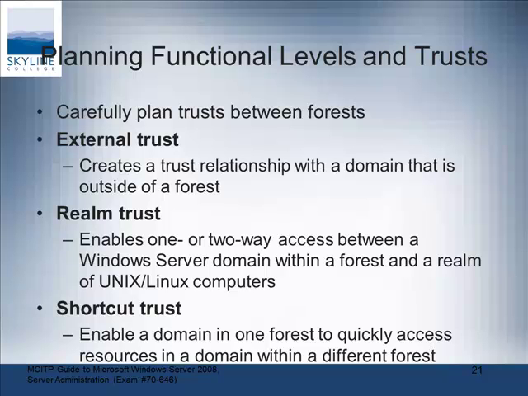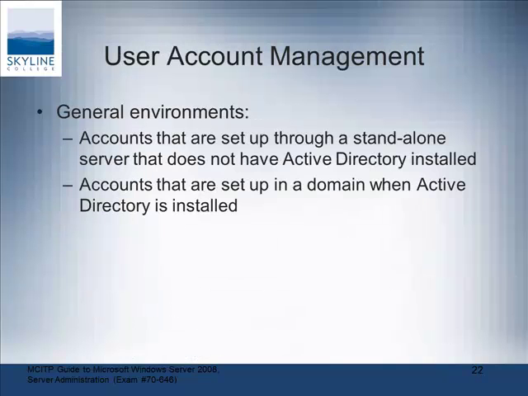Shortcut trusts, these are ones if we had really huge, let's see if they got a picture here, they don't, structures. And we're at the bottom and we have child domain after child domain after child domain. And we're trying to get to the other side of maybe a non-contiguous tree that has child domain after child domain after child domain.